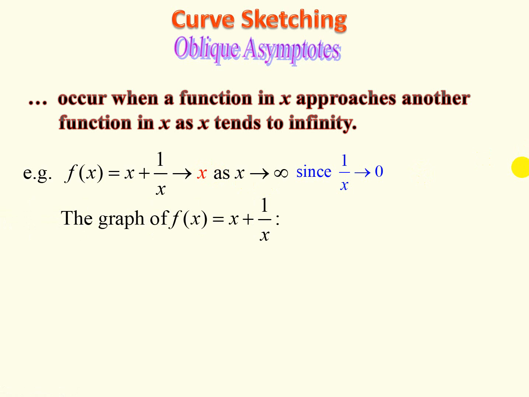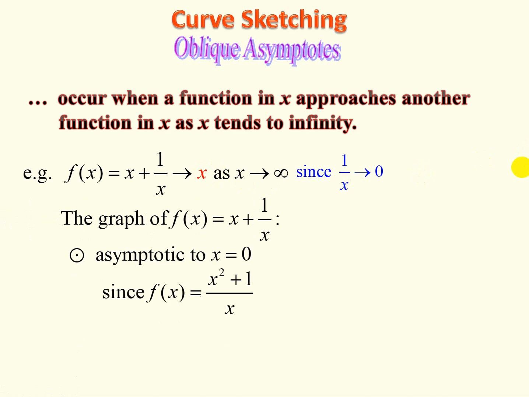If you look at the graph of x plus 1 over x, it's asymptotic to x equals 0, since if you write this as a single fraction, it's x squared plus 1 over x. And it's asymptotic to y equals x.